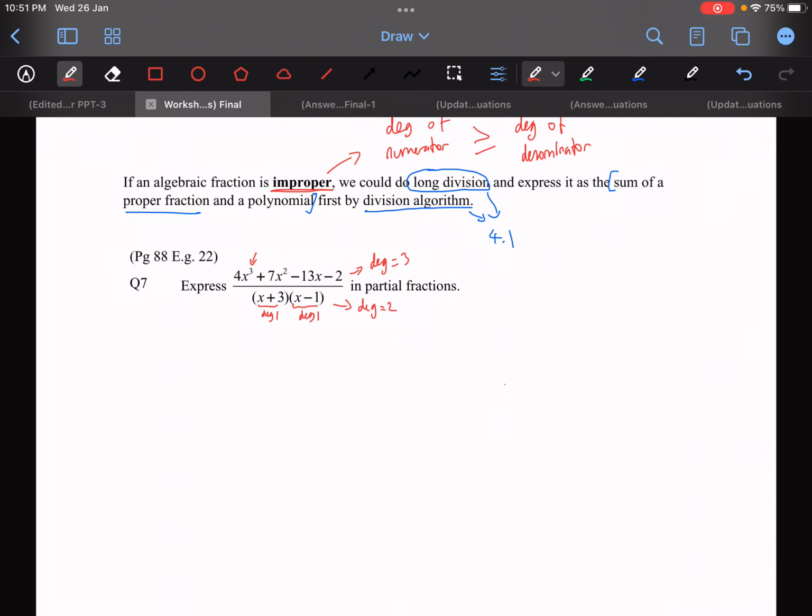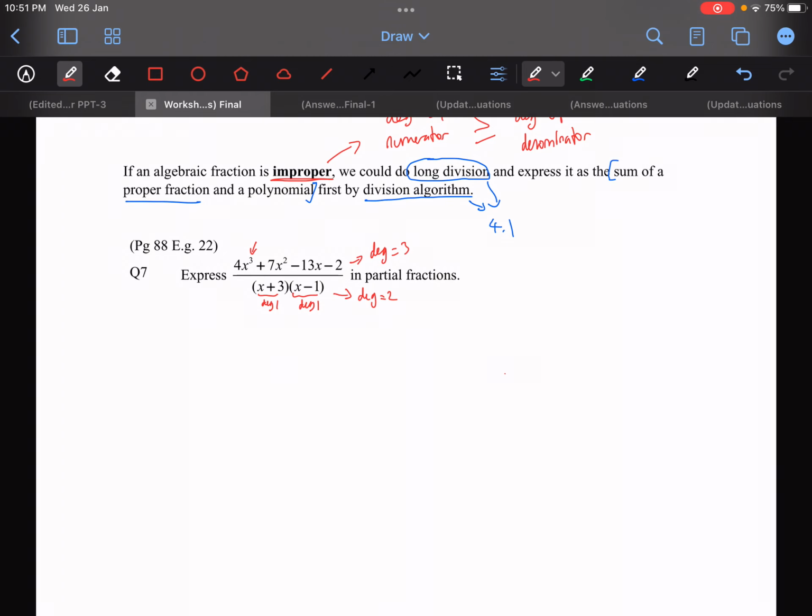So this is an improper fraction and we have to do our long division. Of course before we do our long division, we will want to expand out the denominator first. So we expand our denominator, we get x squared plus 2x minus 3. Okay, so now we do our long division.